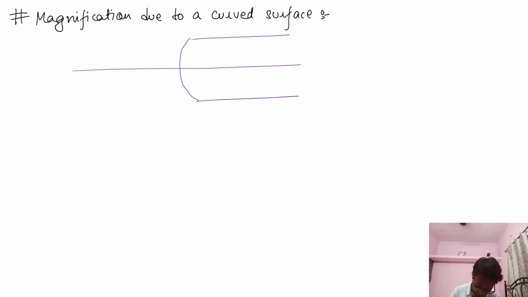Okay, so out here there was an object, out here there was an image. This is the object, this is the image. Okay.